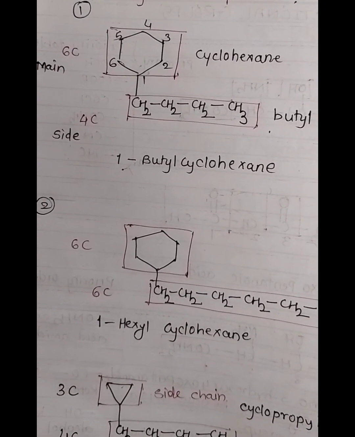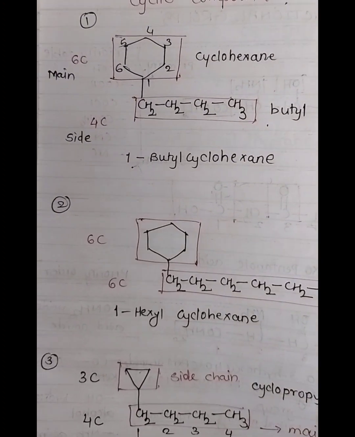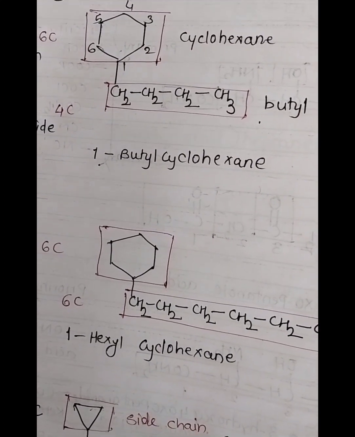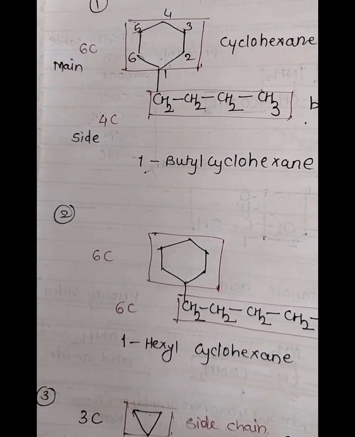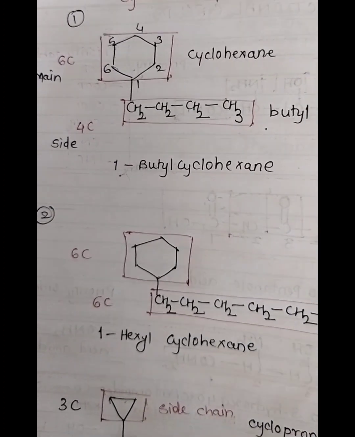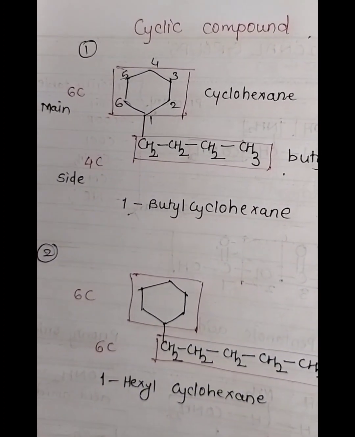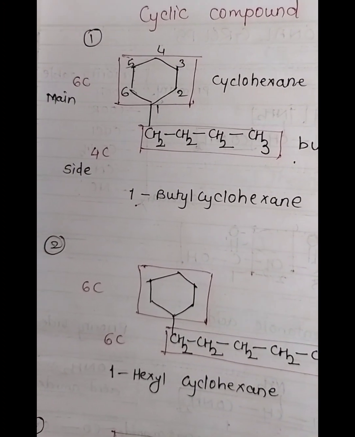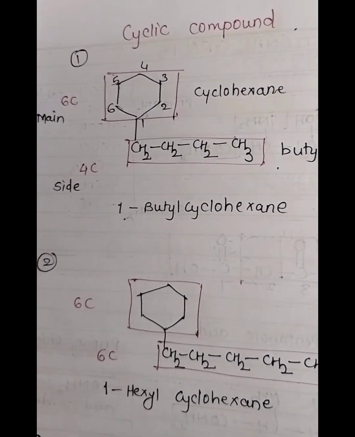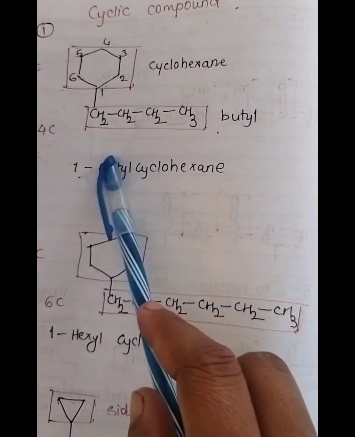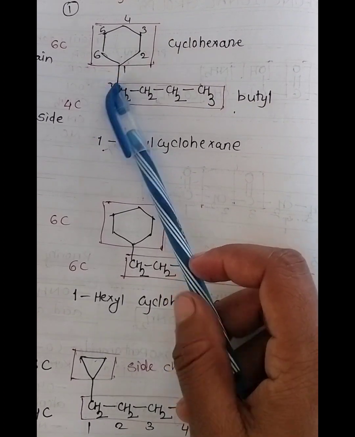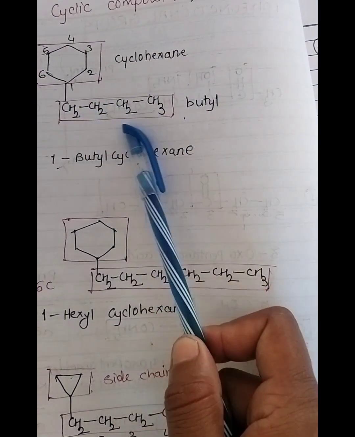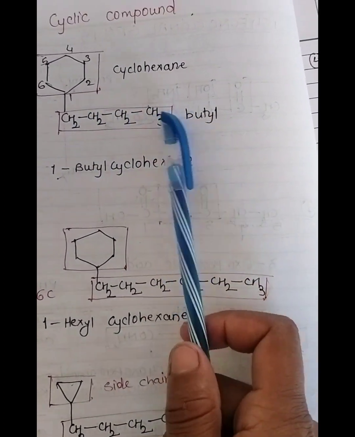Next is a cyclic compound. In this structure, one cyclic ring is present and one open chain is present. So we can count the number. First we select the main chain. In the cyclohexane there are a total of 6 carbons, and the open chain has a total of 4 carbons. So the cyclohexane is the main chain and this one is the side chain or substituent.